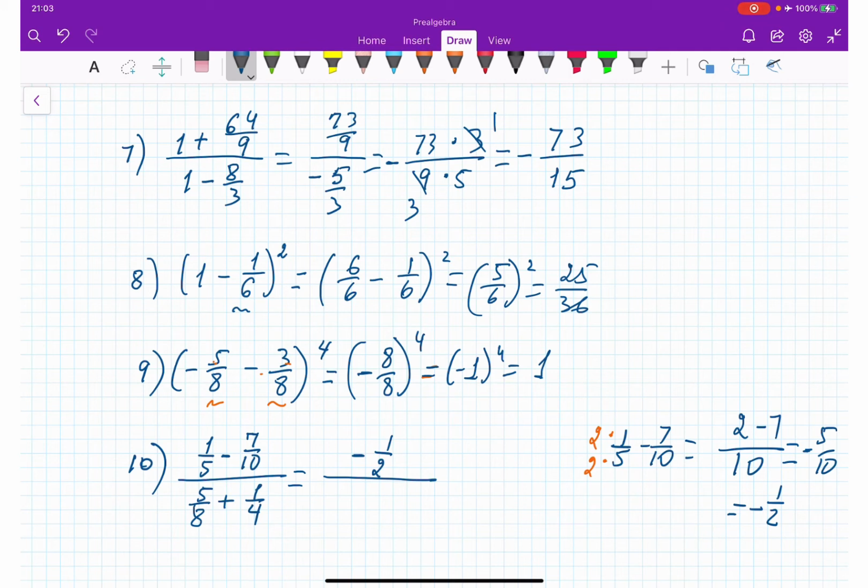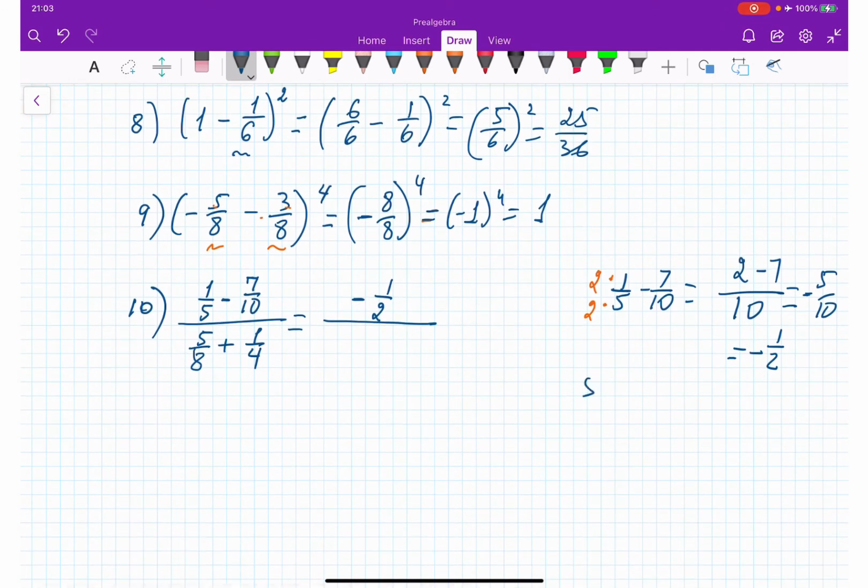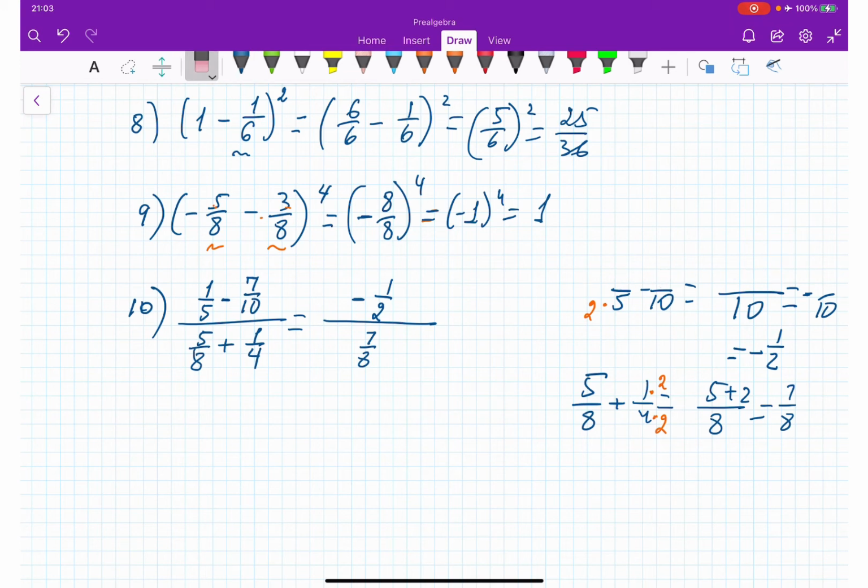All right? Now 5 over 8 plus 1/4. Common denominator 8. This one times 2, and we are getting 5 plus 2 over 8, which is 7 over 8. Okay, let's clean this drafting.